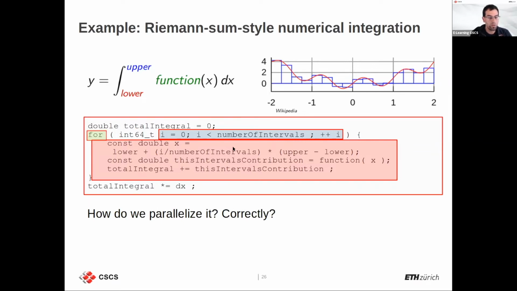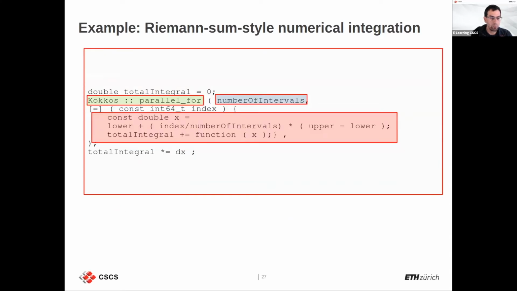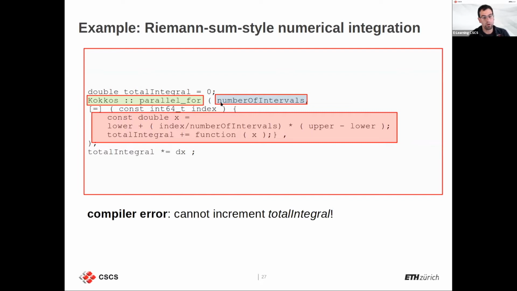How do we parallelize this? One option would be this way. We substitute for with parallel for, we have the number of intervals, and then we have the body of work. Unfortunately, with the lambda, this will not compile, because, as I said before with the functor, we don't have access to total integral.